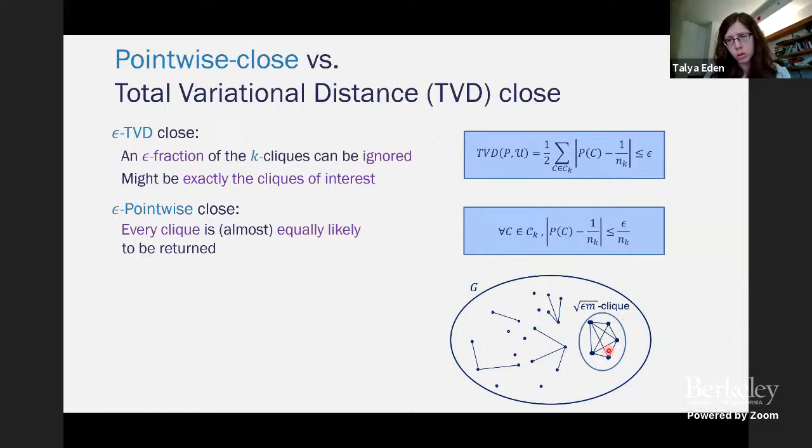It's allowed to just ignore this clique. But say we want to use these edges to then sample triangles, which we'll actually do in our algorithm. If we allow epsilon TVD close only, then we'll never see a triangle, because these edges do not participate in any triangles. So we do care that all edges have probability to be returned.